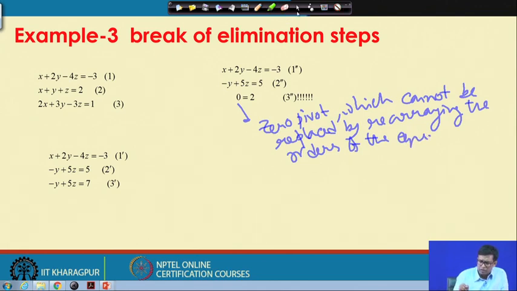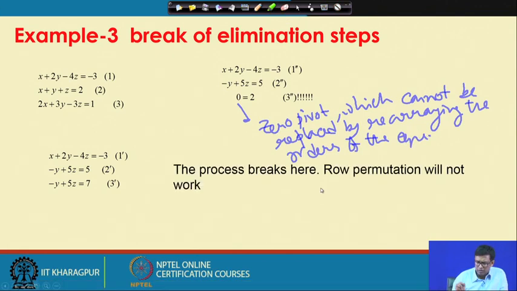So, we will say that the process breaks here. Row permutation between the equations will not work, and the process breaks here. Gauss elimination cannot work further, and of course, because these two equations are the same, there is no unique solution of this set of equations, and we can actually check that there is no solution. So, Gauss elimination will break here.